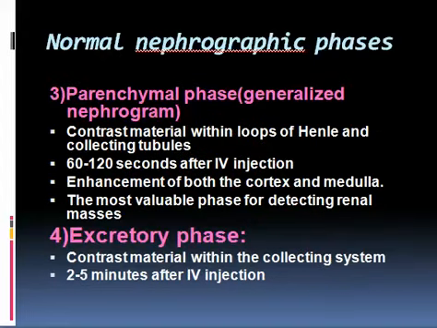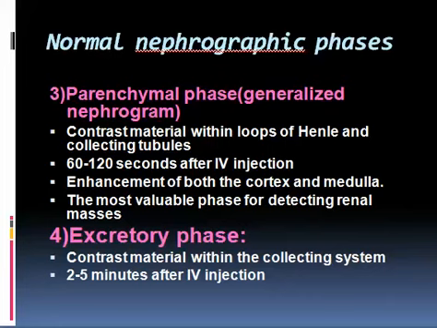And here the nephrogram will continue to fill the medullary medial aspect of the kidneys. Contrast materials are filling the loops of Henle and the renal collecting tubules. The loops of Henle start from the glomeruli. Glomeruli are present at the cortex.